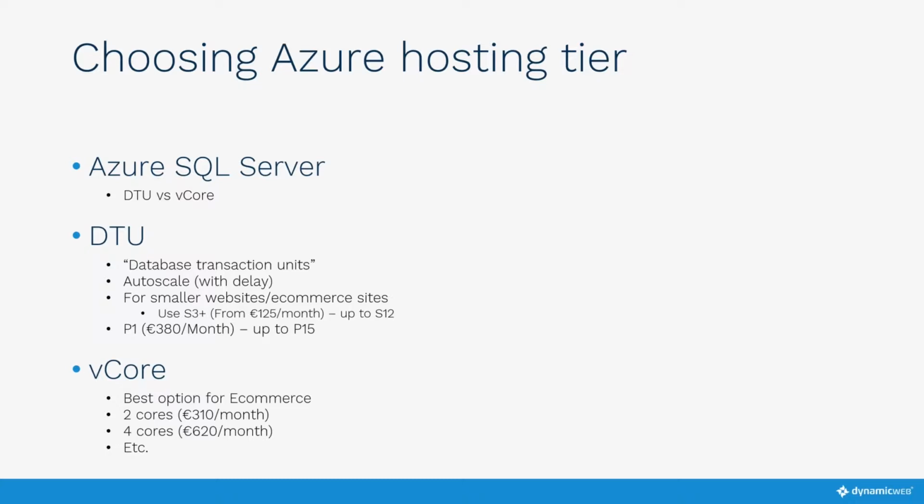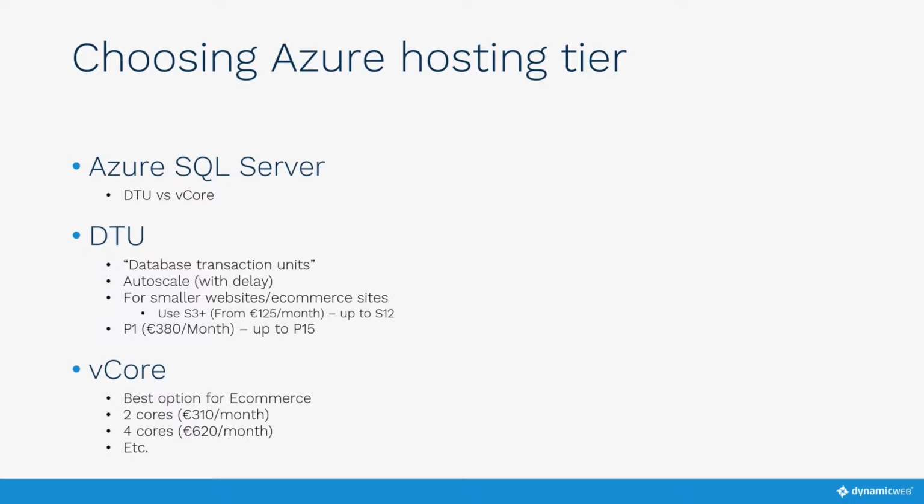I'm just looking at a single database hosting tier in this one, and inside this hosting tier, there's two different ways you can choose your instance. You can choose what is called DTU, and you can choose something called vCore, which is virtual cores. DTU means database transaction units.